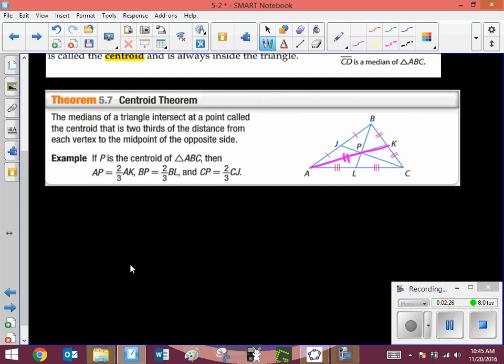I don't know exactly what the length of AK could be, but I know that AP is 2/3 of this segment. Now on the flip side, if I wanted to find this segment right there, PK, I know that that is 1/3 of AK.